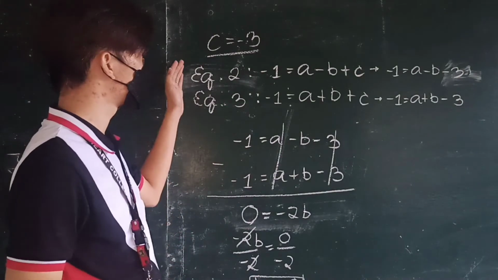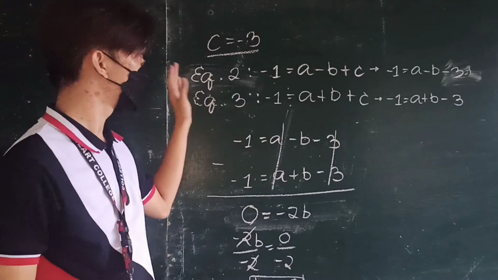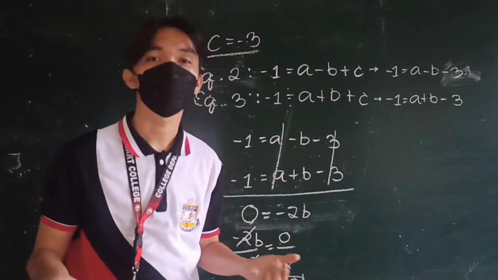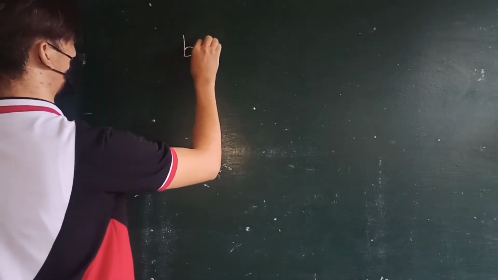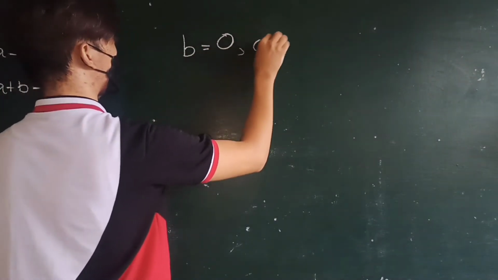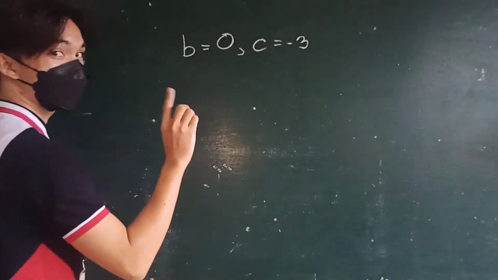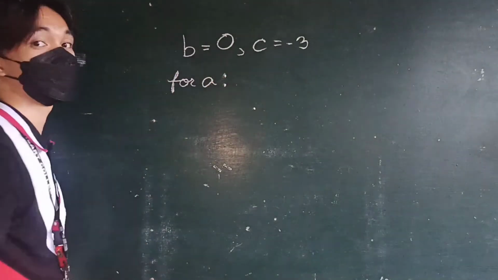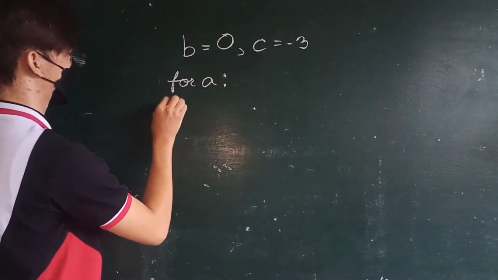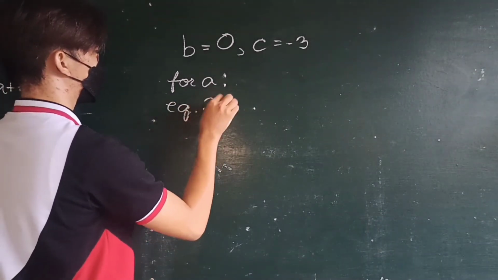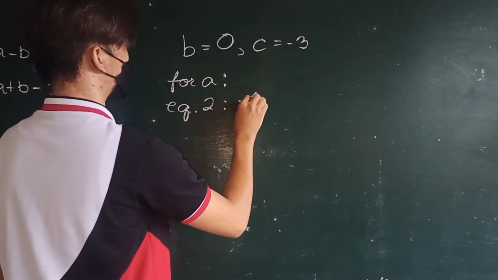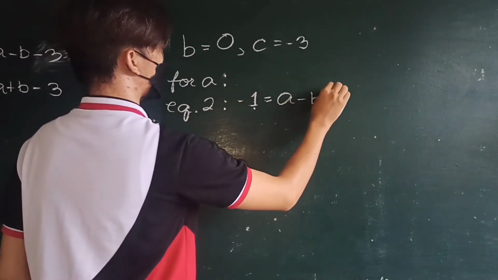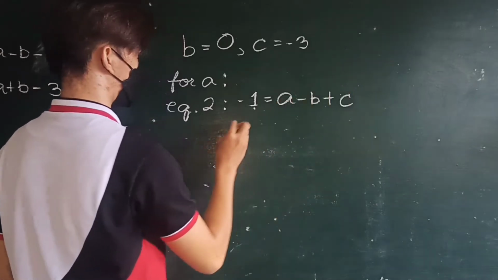Now it's time to look for the value of a. So we are going to choose either of these two equations. By the way, they will give the same answer, so you can choose either one. So we choose equation number 2. So b is equal to 0 and c is equal to negative 3. This is for a. We choose equation 2. We have negative 1 equals a minus b plus c.